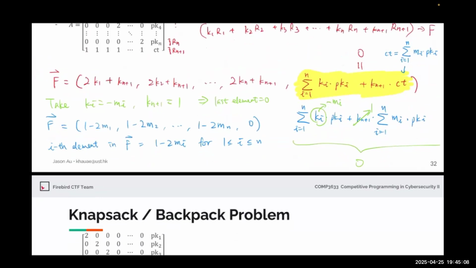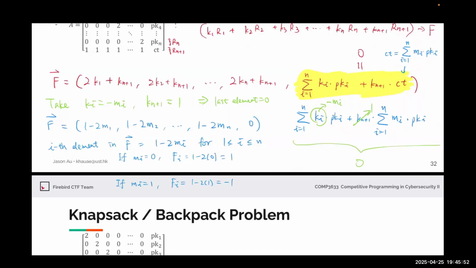If Mi equals 0, then Fi equals 1 minus 2 times 0. It will give us 1. And if Mi equals 1, then the ith element in F would be 1 minus 2 times 1, which will give us -1. Okay, so we know the transformation here.